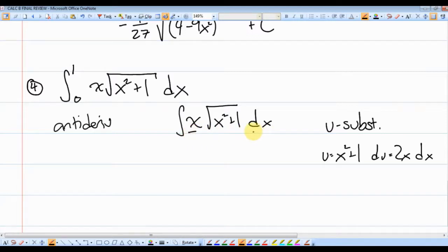And notice I have a u and a dx. So that x dx, I'm going to replace that with 1/2 du.